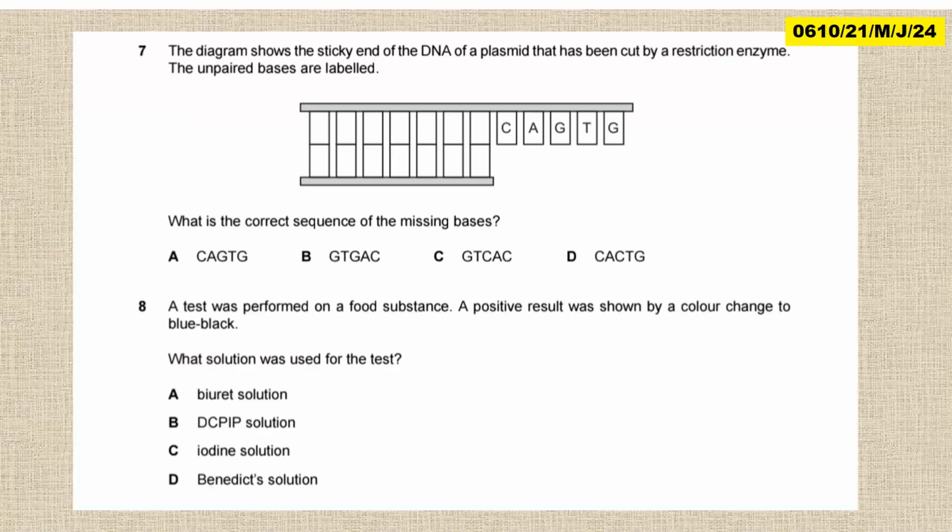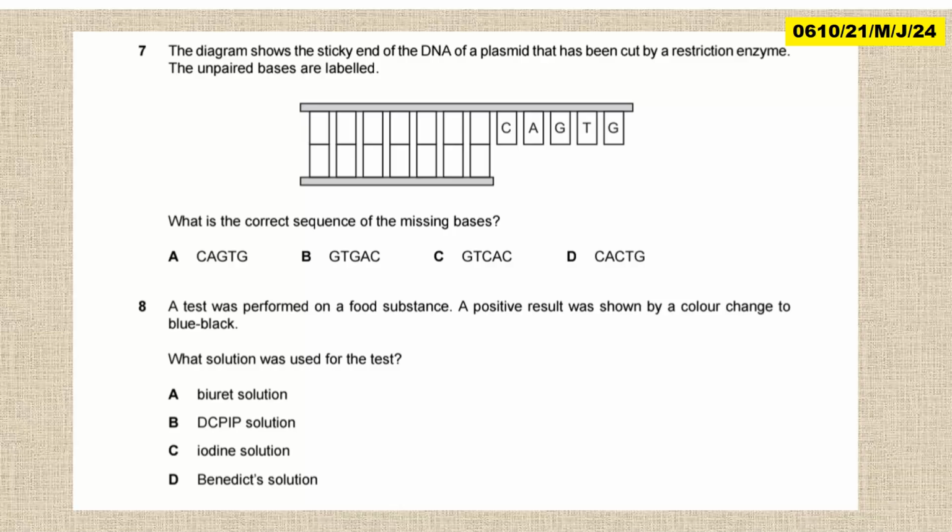Then let us look at this one. The diagram shows the sticky end of the DNA of the plasmid that has been cut by a restriction enzyme. The unpaired bases are labeled. Now, what is the correct sequence of the missing bases? So the missing bases down here.